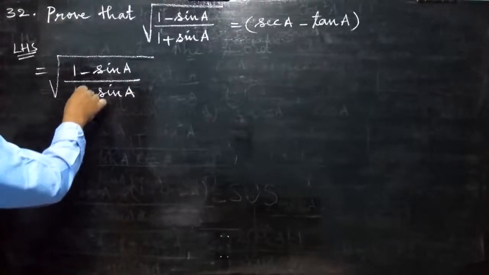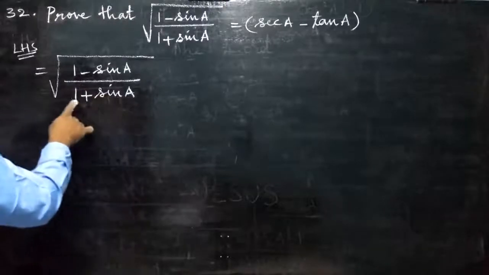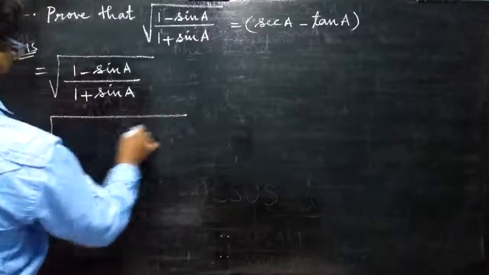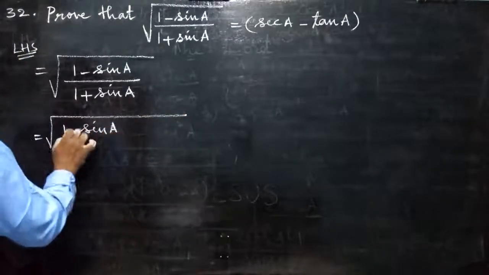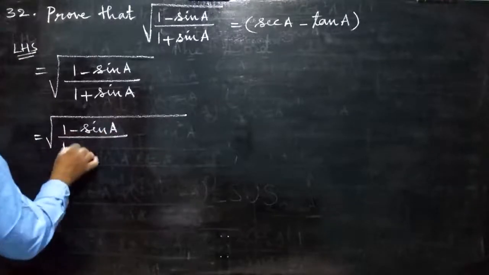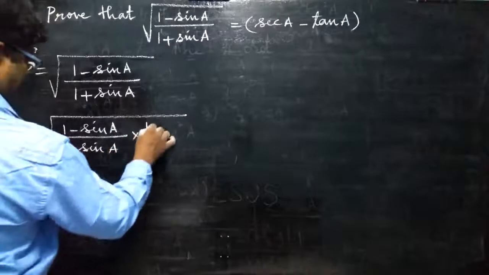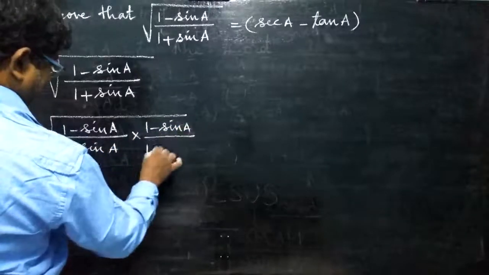For 1 plus sin A, the rationalizing factor is 1 minus sin A, quite opposite. So square root of 1 minus sin A by 1 plus sin A, with rationalizing factor 1 minus sin A by 1 minus sin A.